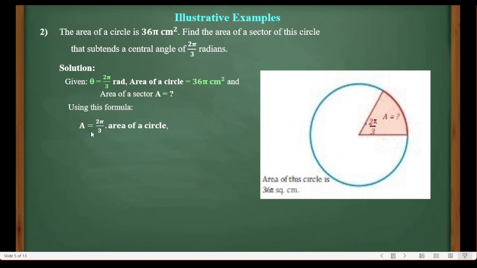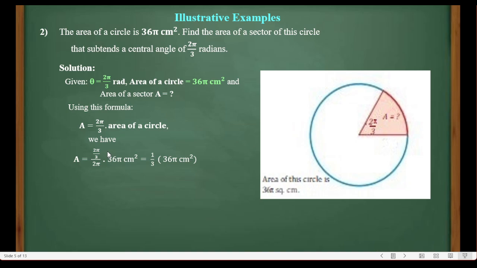Using the formula and substituting the given values, that will give us 2 pi over 3, which is the measure of the central angle, divided by 2 pi, and then multiplied by the area of the circle.